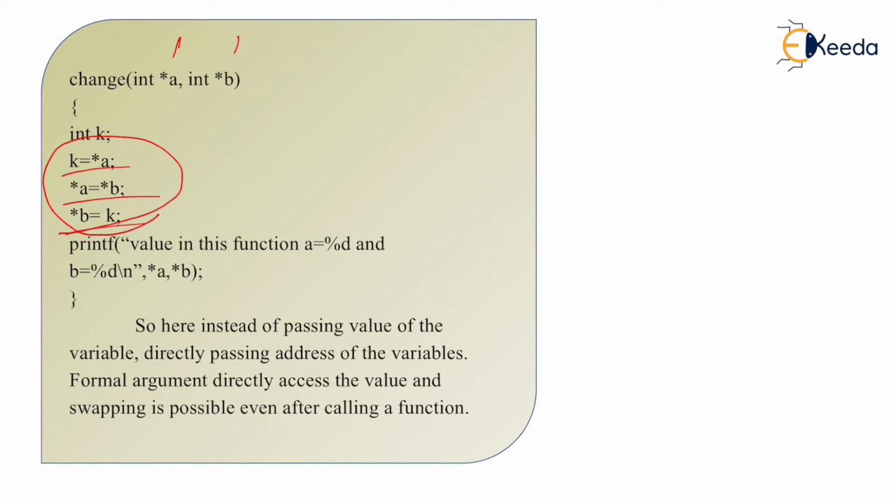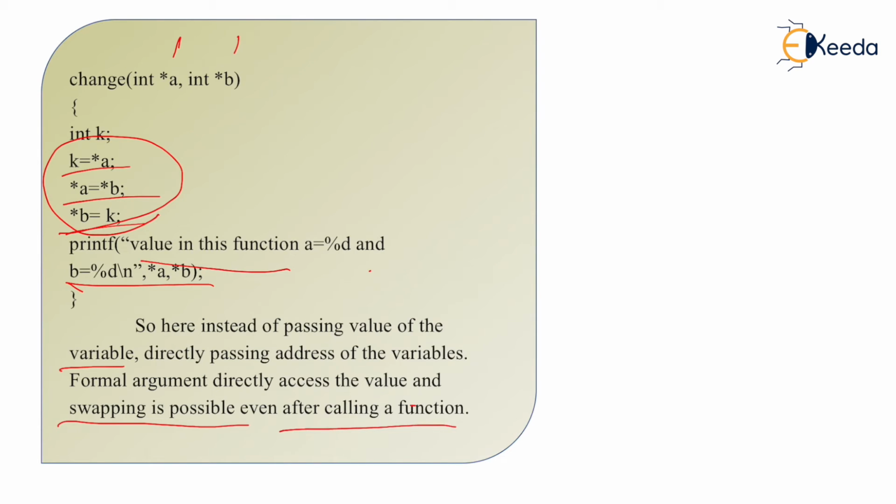And after performing the swapping using addresses, it will display the values. Star means pointer to the address of a and pointer to the address of b. So here, instead of passing the value of a variable, we are directly passing the address of the variable. So the formal arguments directly access the value, and swapping is possible even after the calling function.